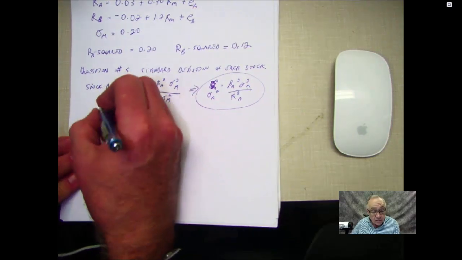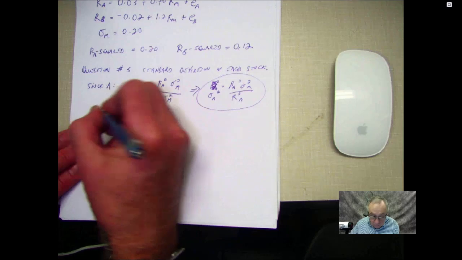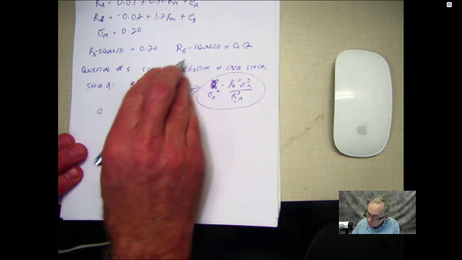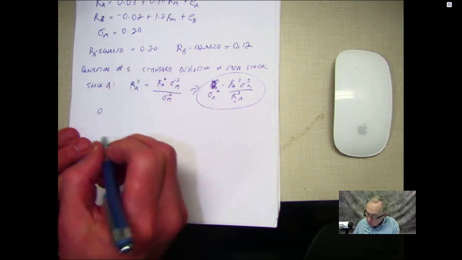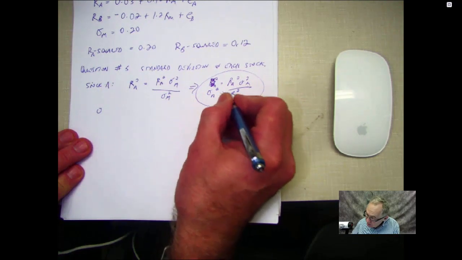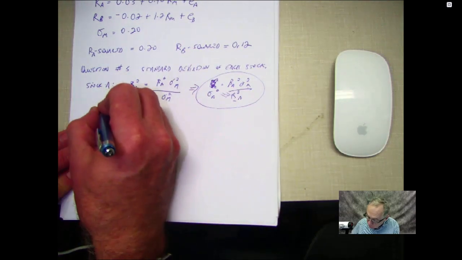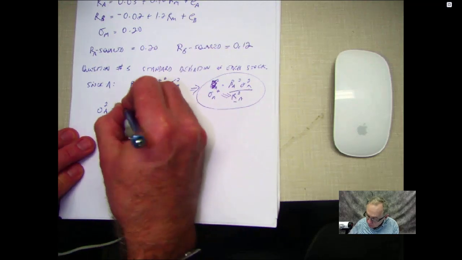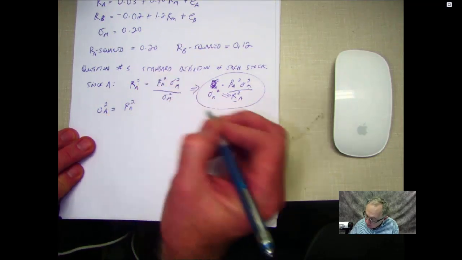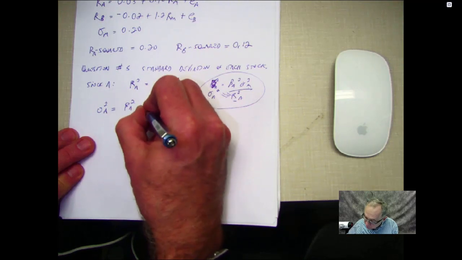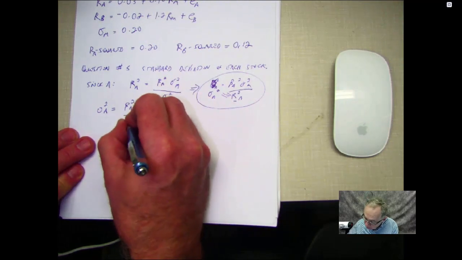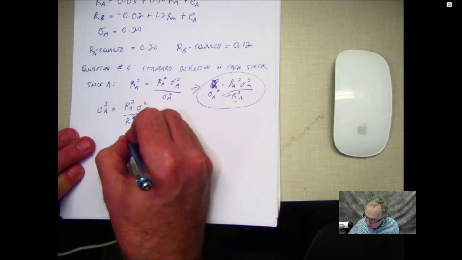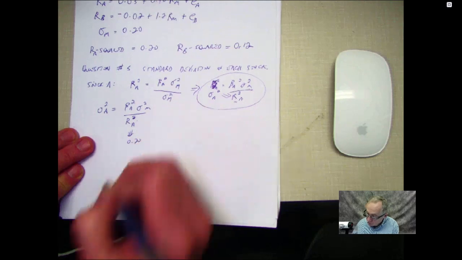Then continuing, we can substitute because we know R squared for A, that's given at 0.2. We just reverse these variables. So variance for A is going to be beta A squared times variance for the market divided by R squared for A, and we know this is substituted at 0.20.